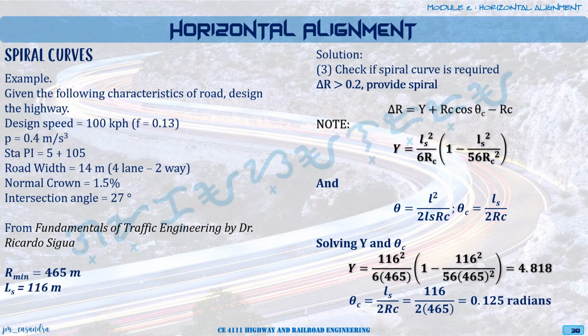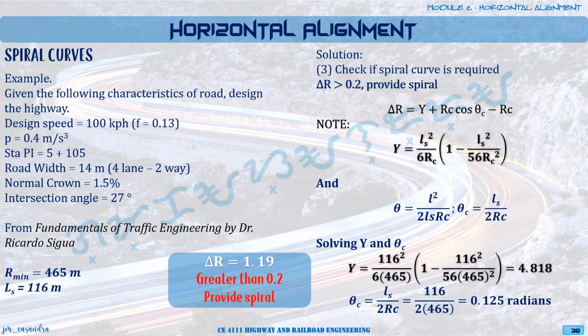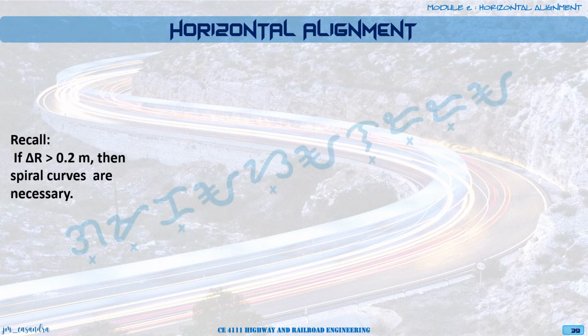So computing for delta r, then we'll have a value of 1.19. Delta r, 1.19 is greater than 0.2. Therefore, there is a need for us to provide a spiral in our design. So recall, if delta r is greater than 0.2, a spiral curve is needed.